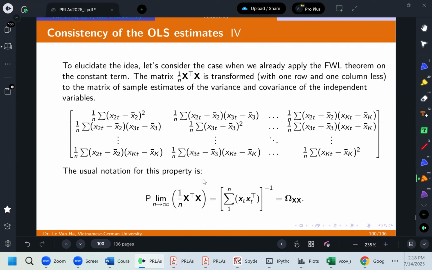You will see that in that case, if I delimit them already, this one will be the variance and this one will be the covariance. If the sample goes to infinity, this matrix is nothing more than the variance covariance matrix of the explanatory variables. I presented this clearly in the text, so read it.